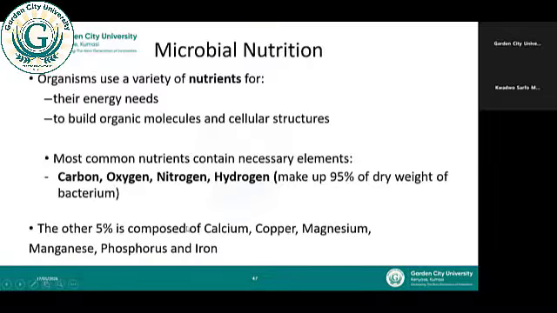The other 5% are needed in small amounts or concentrations, such as calcium, copper, magnesium, and phosphorus. It's not that they are not important. They are very important, but they are needed in small quantities. For example, phosphorus is needed for DNA synthesis, but it is not needed in very high concentrations.